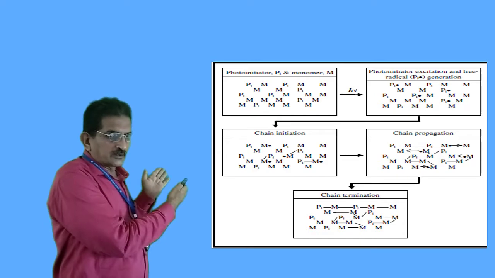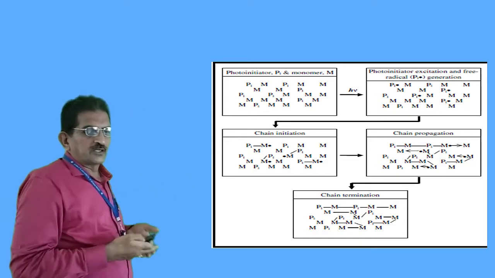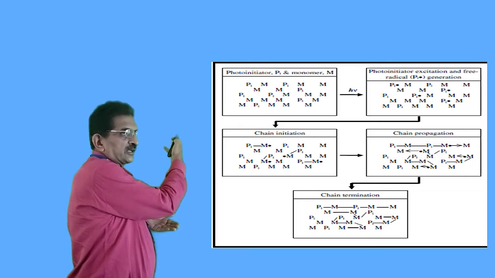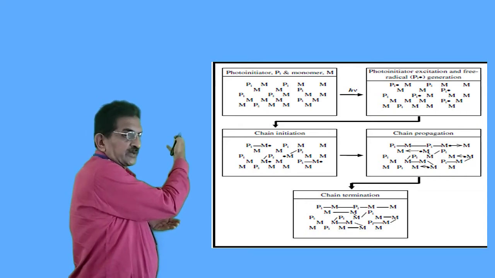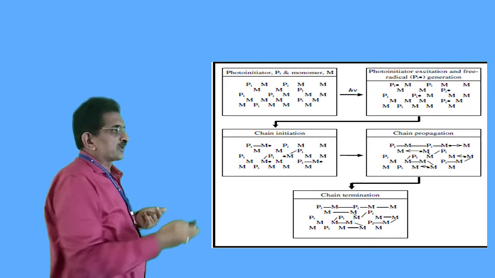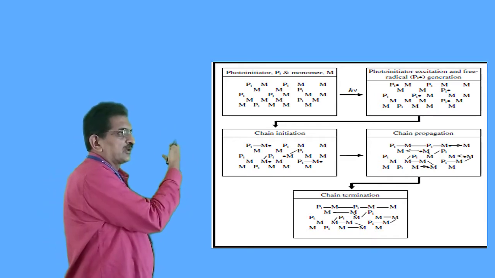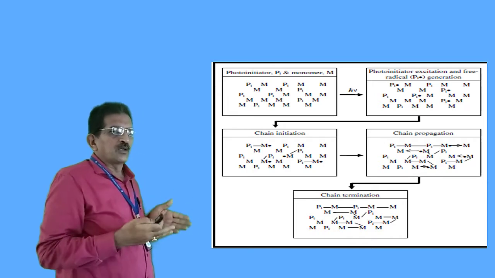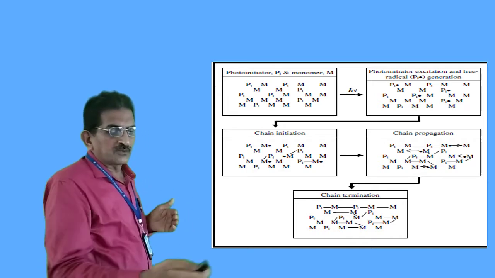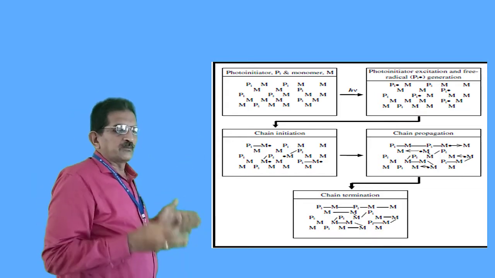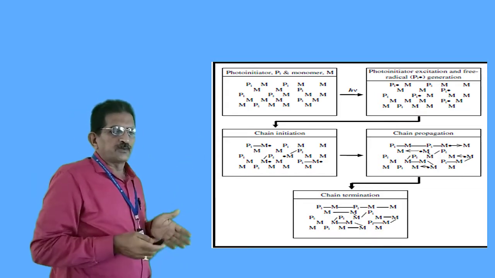When we induce UV light, the initiator P gets excited and starts mingling with M, and then another M will come. So this initiated PI will join with MM, and in the end they will make cross-chain arrangements and solidify and become a good solid piece.